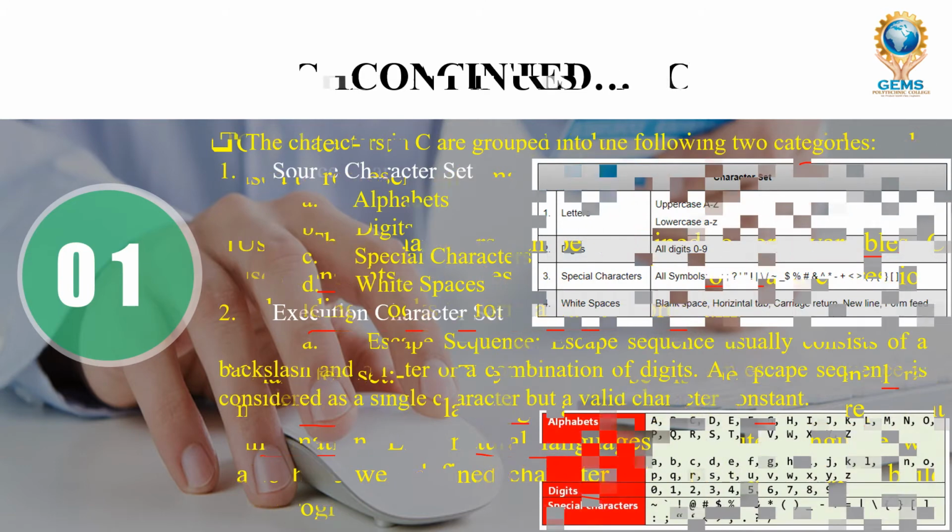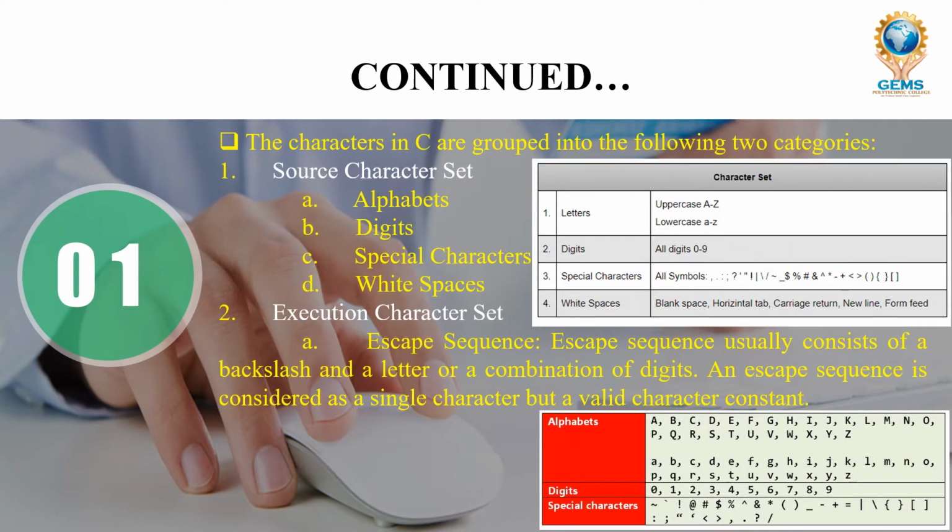Now we have two categories of the character set in the C programming language. The first is the source character set and the next is the execution character set. Inside the source character set we have four types: alphabets, digits, special characters, and white spaces.